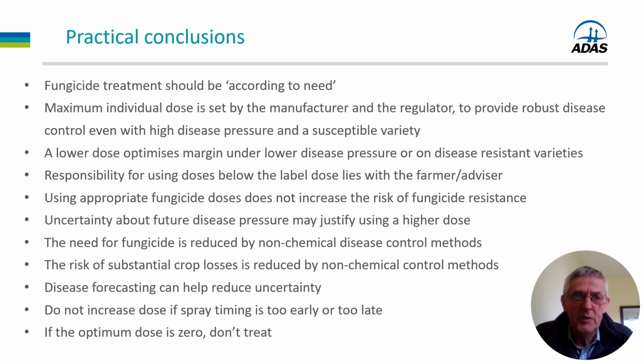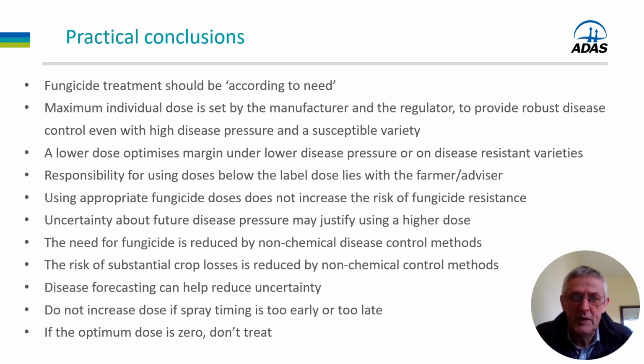An important point also is that using an appropriate fungicide dose does not increase the risk of fungicide resistance. There's quite a lot of opinion out there to the contrary, and we'll pick that up in a future video and deal with it in detail.